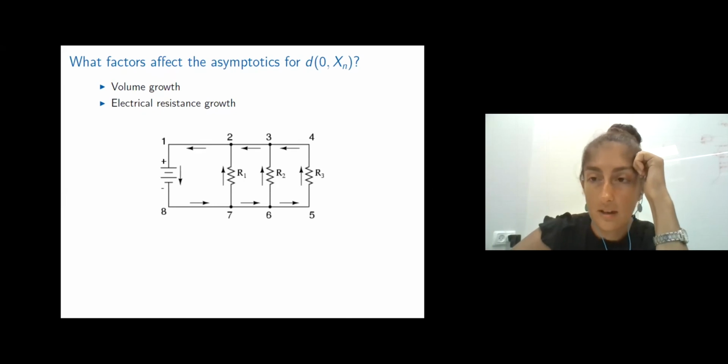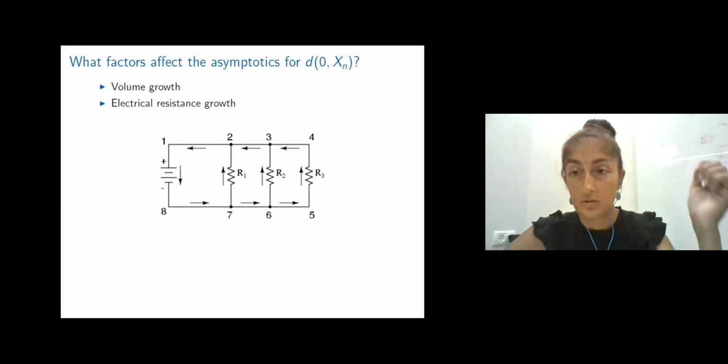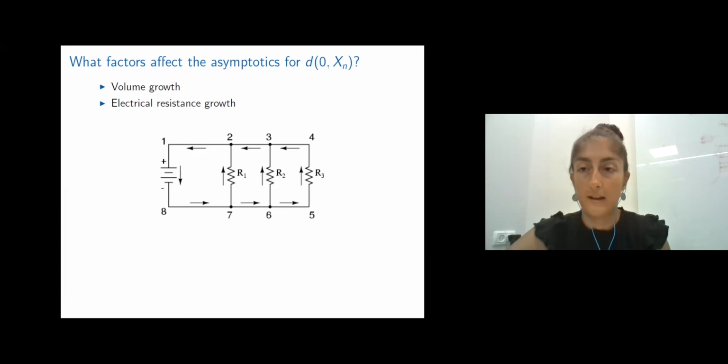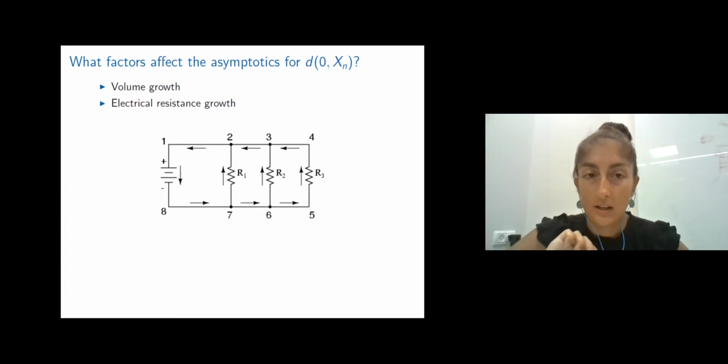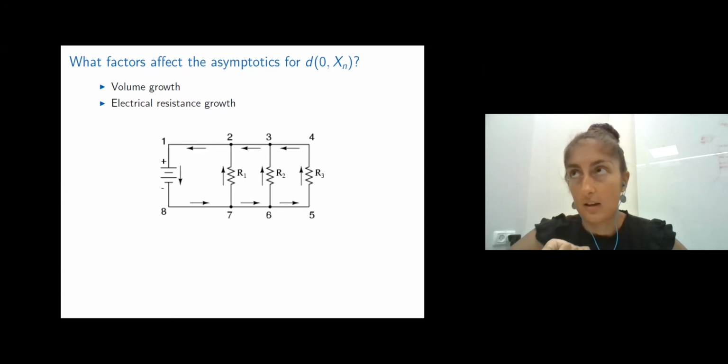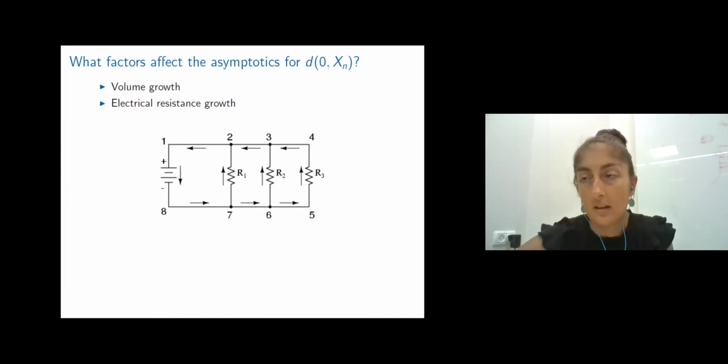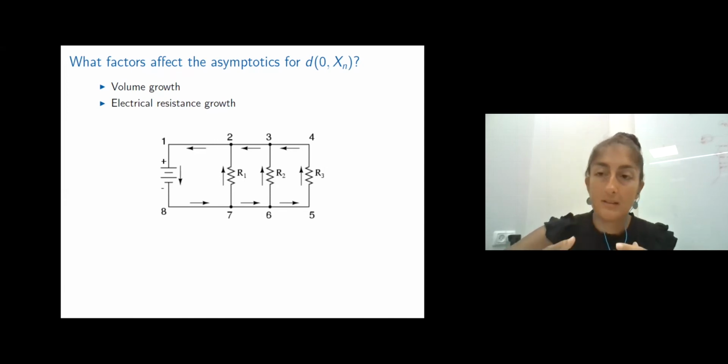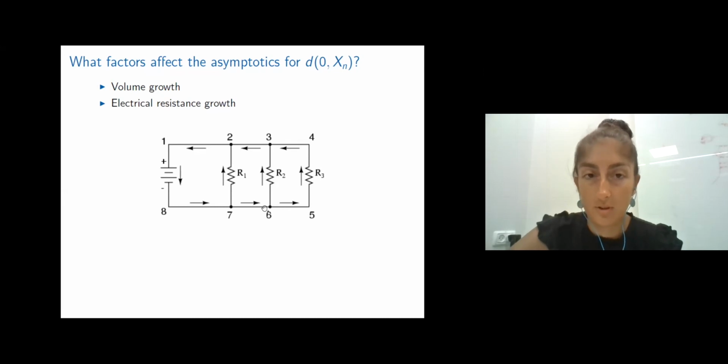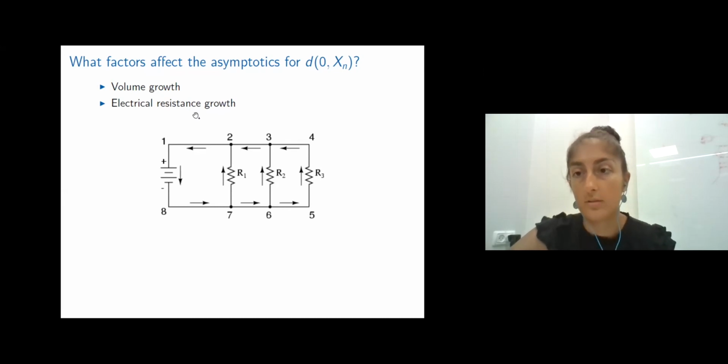And it turns out that if you view a graph as an electrical network and imagine applying a unit voltage across the graph, then actually electrical resistance is precisely what describes how hard it is for a random walker to get between 2 points. So actually what you have to study to understand this escapability of random walks is also this electrical resistance growth on the graph, if we view the graph as an electrical network.